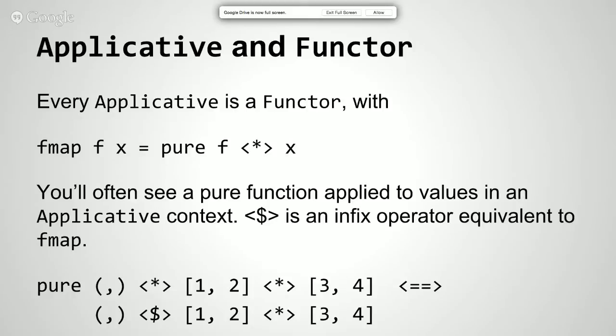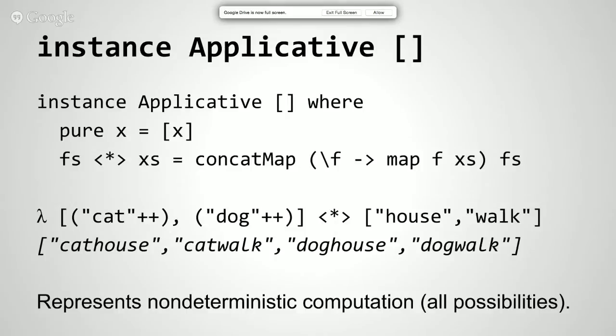So this expression, which I haven't told you what it is yet, pure pair snowflake 1, 2, snowflake 3, 4 is the same thing as fmap pair 1, 2, snowflake 3, 4. Usually you'll have a pure value for your function and applicative arguments.